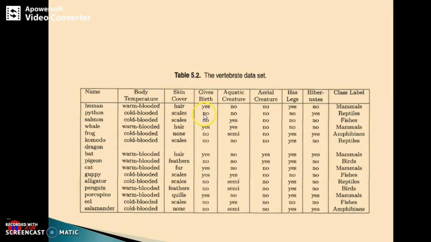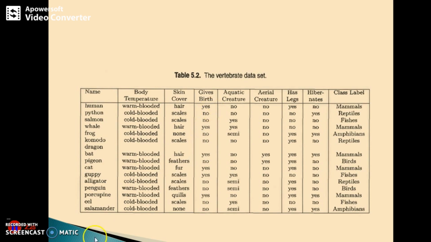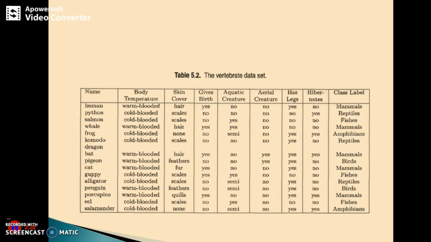I'm speaking about the same first record. Gives birth is equal to yes and aquatic creature is equal to no. No, this is also not covered by rule 2. Again, rule 4, gives birth is equal to no and aerial creature is equal to no. No, impossible. First record, aquatic creature is equal to no. So this first record is satisfied by only 1 rule, and that is rule 3.